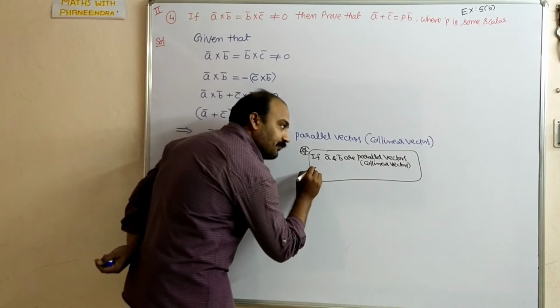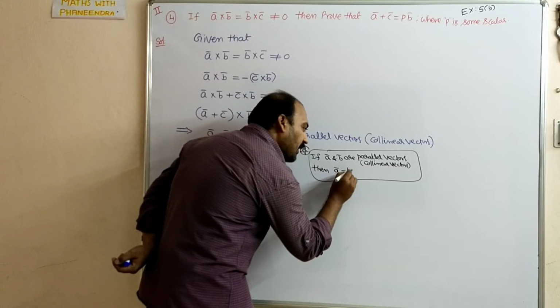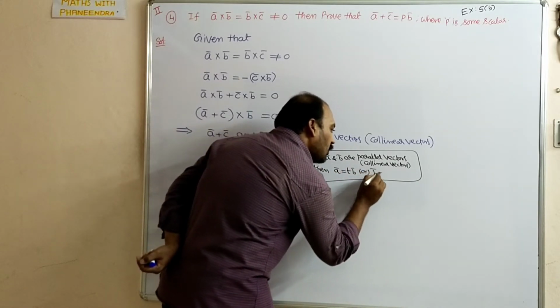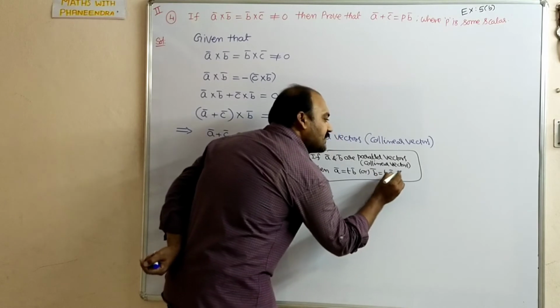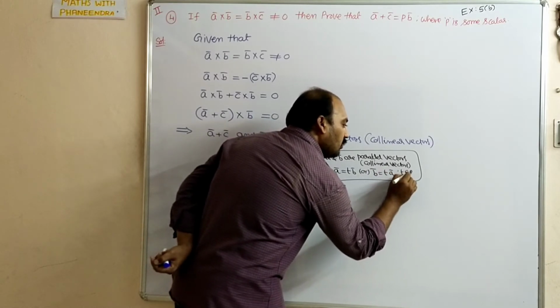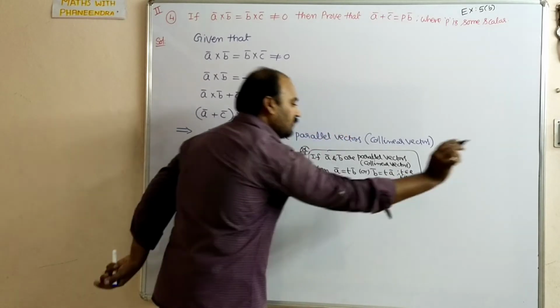That means A bar equal to T into B bar, or we can express B bar equal to T into A bar, where T is a scalar, T belongs to R, some constant.